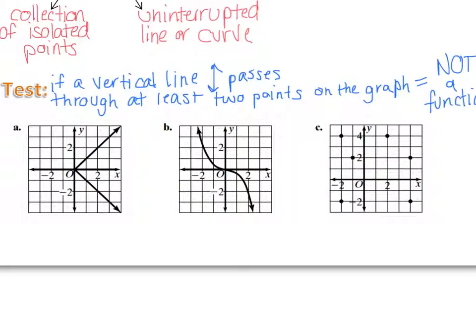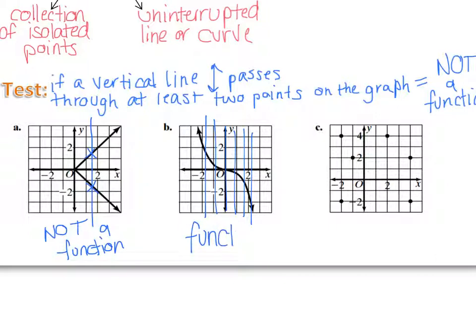A, we can draw a vertical line and it hits twice, so that is not a function. B, let's see, I'm going to draw one line. Well, that only hit once. I can draw thousands of lines, and it'll never hit more than once, so that means it's a function.